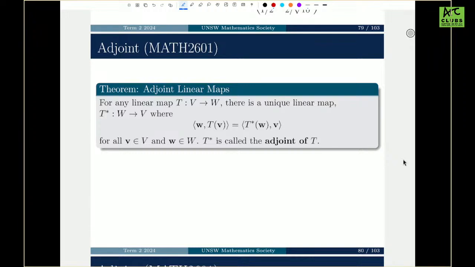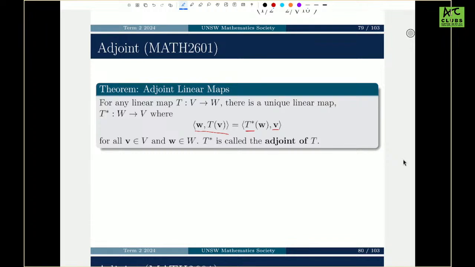And what it says is that if you take the inner product of W with T of V, so what V gets mapped to in W, then it's the same as the inner product of this weird adjoint map, mapping whatever W is back to V, the inner product of that with V. So if this property holds, if you can find some linear map T star that satisfies this, that linear map is called the adjoint of T.